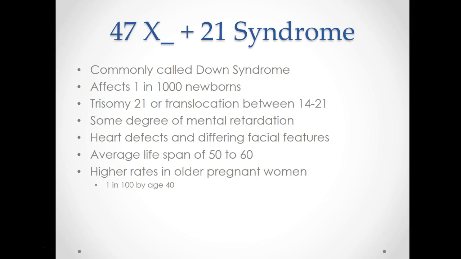And what's interesting is that for both males and females, now it's not just women, but we know that the older the male or female is, the greater the chance there is of having a child who has Down syndrome. And it's just because that process of non-disjunction in meiosis is more likely to occur the older that you get.